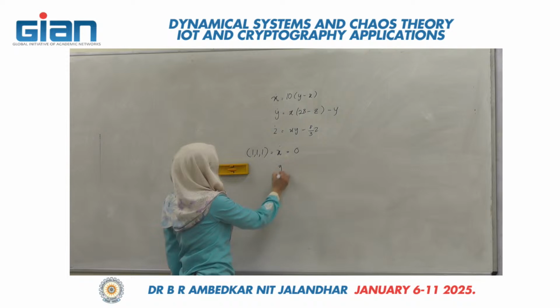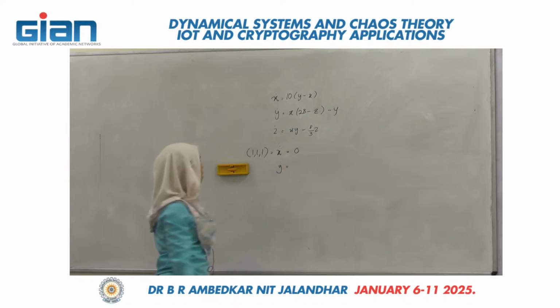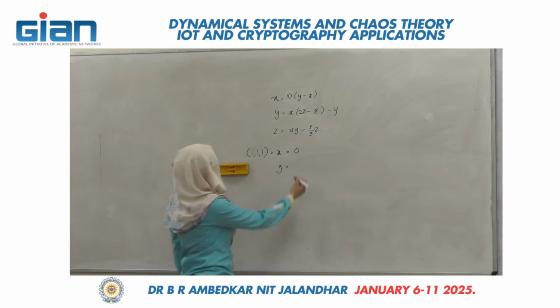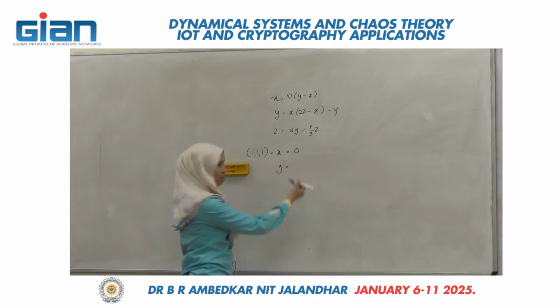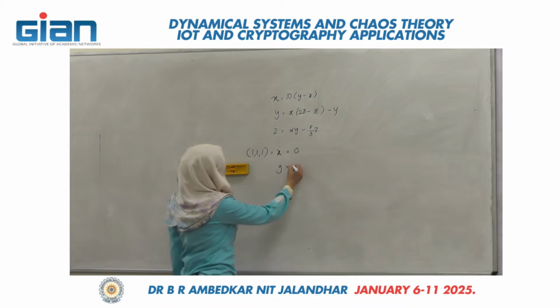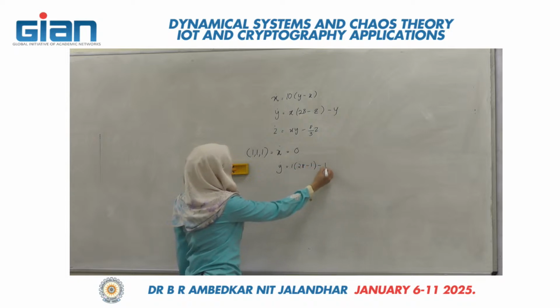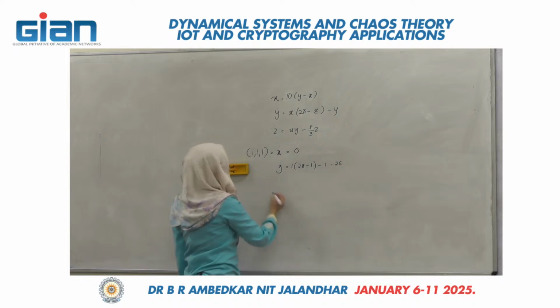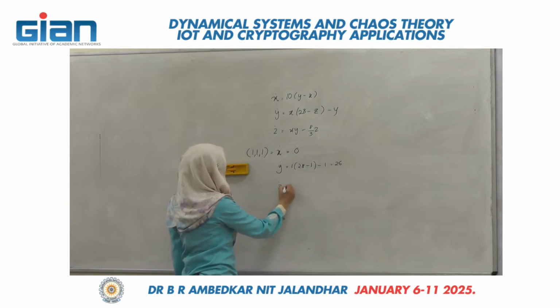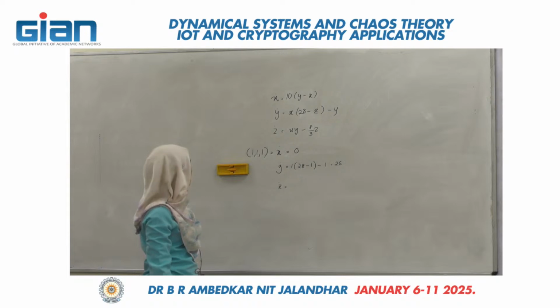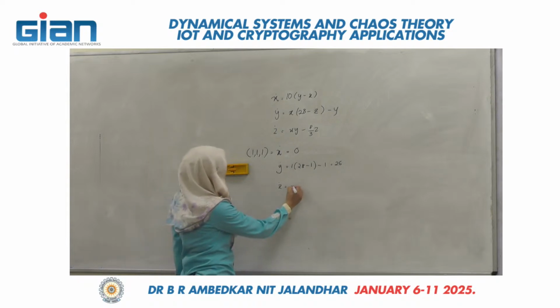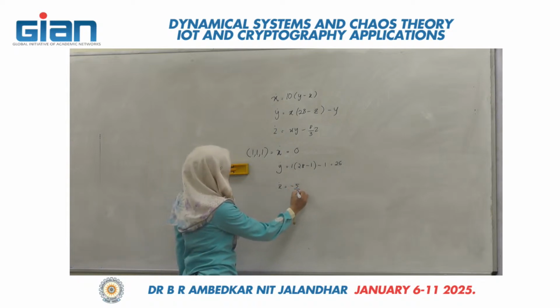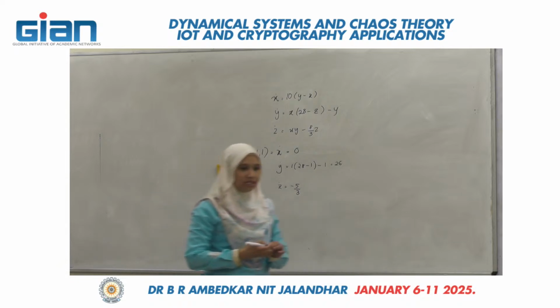For y, it is 1 times (28 minus 1) minus 1, so it will be 26, right? And the time derivative of z would be minus 5/3. Okay, so this is the first.